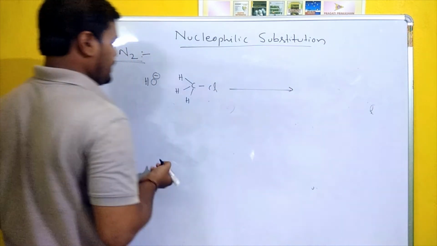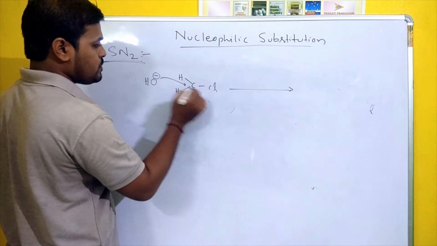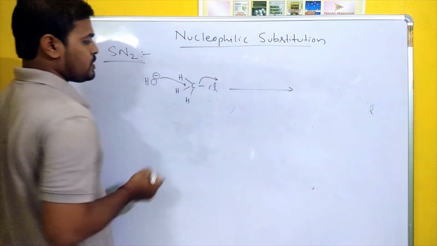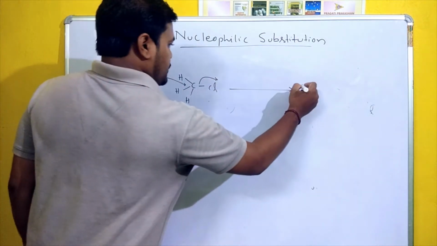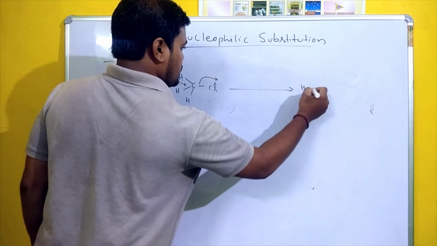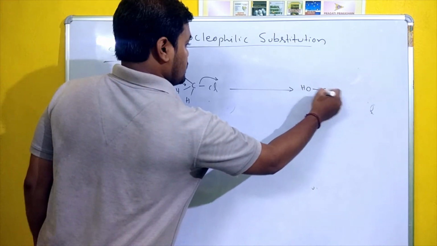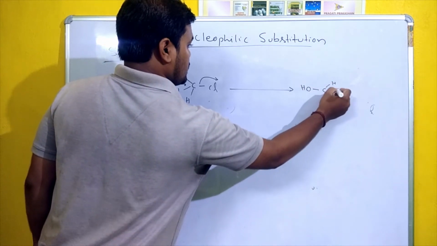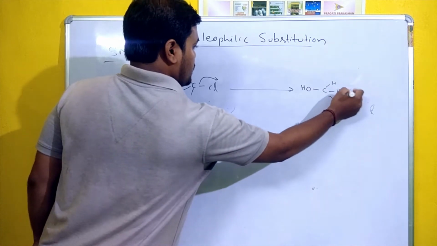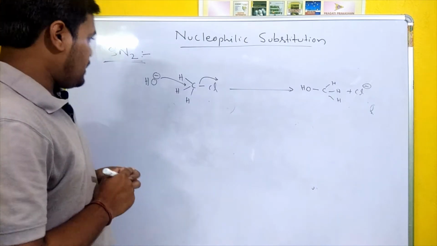What product will we get? The nucleophile attacks the carbon, so the carbon-halogen bond breaks down. So the product is CH3OH plus Cl minus. This is the basic reaction.